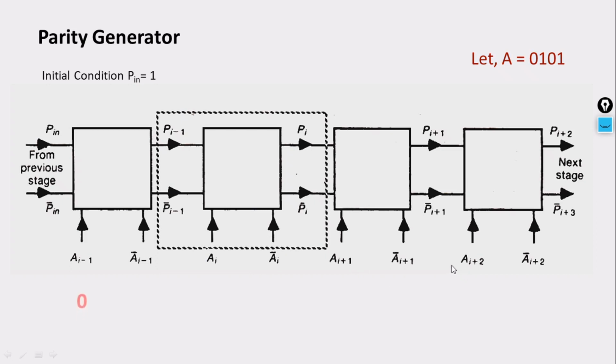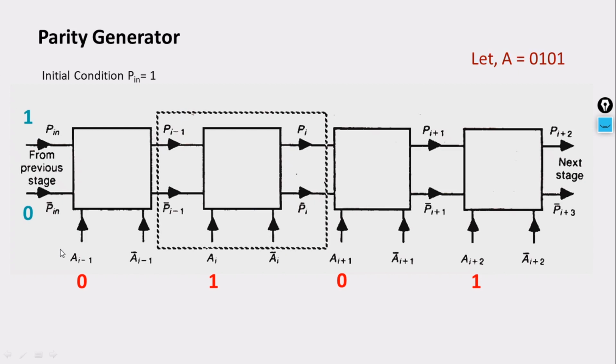Now if you look at the scenarios over here, I'll give these inputs in such a fashion, and let us consider that the previous input at the default or reset state, since in reset the number of ones is 0, we call it even. So that is why this one is given as an initial condition.